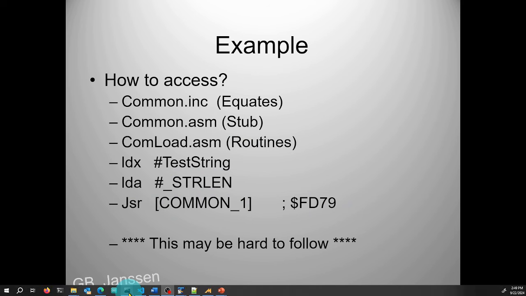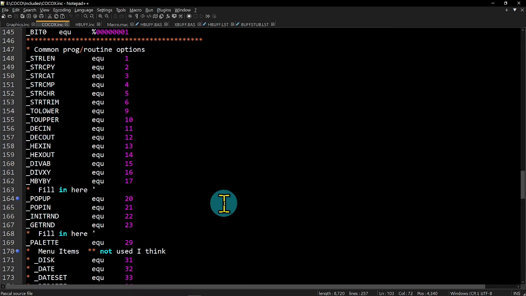Okay, so we will go to the equates file. This is my common dot equates, okay? And here are all these feature functions that are out there. They all have a number. String length equates to a 1, string copy to a 2, and you can see them. There's our string functions. Here's some more. Here's some input converting, from decimals and hexes in and out.